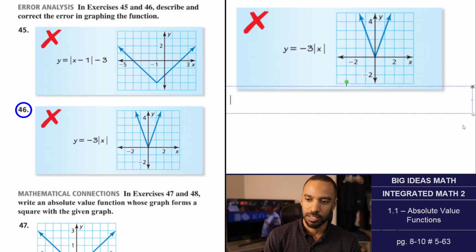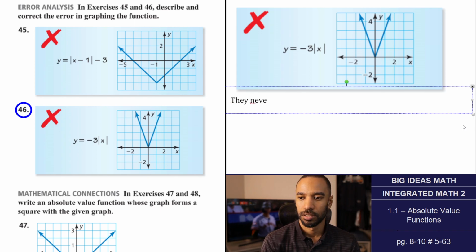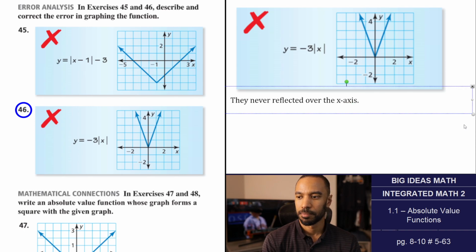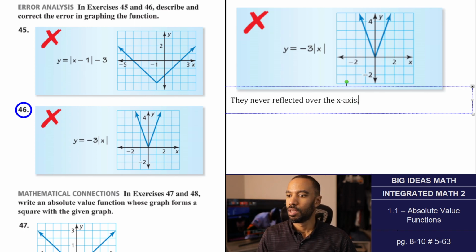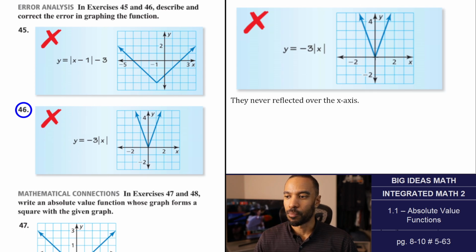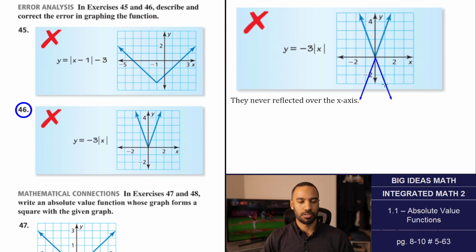They never reflected over the x-axis. Their stretch was correct. They went up 3 over 1. They should go down 3 over 1. That's correct, they just didn't go down. So it should look like that instead.